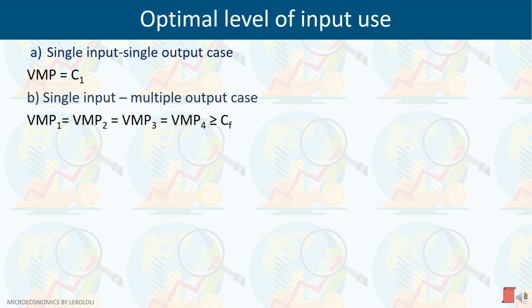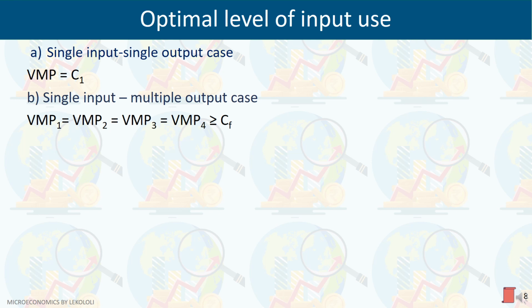So, in this case, you would want to ensure that VMP1 equals VMP2 equals VMP3 equals VMP4, and that they are all greater than or equal to CF, the unit factor cost.